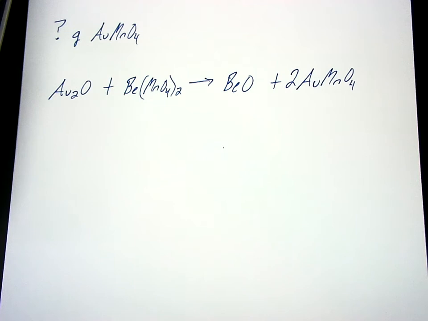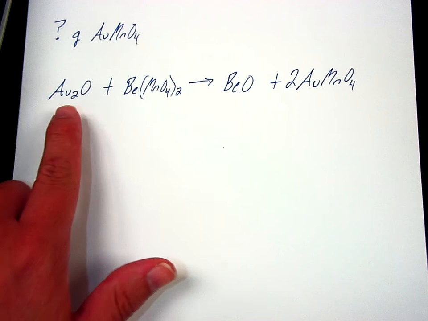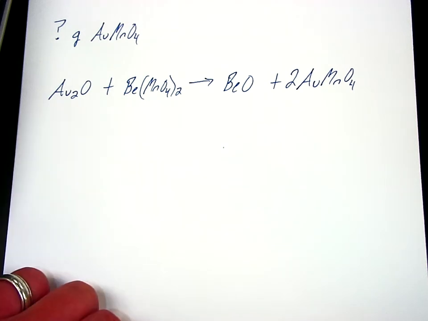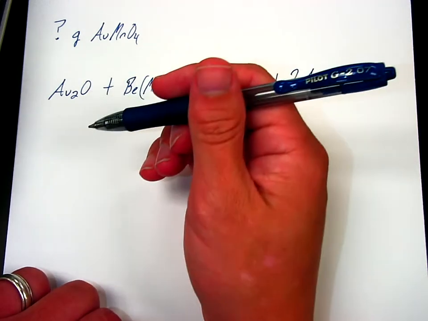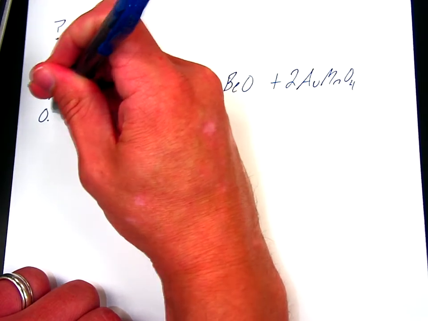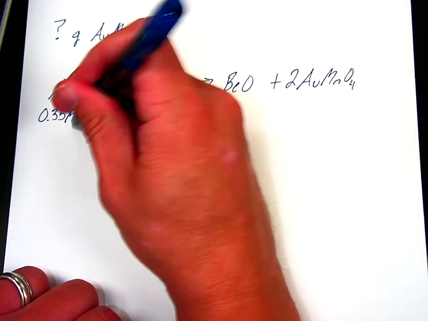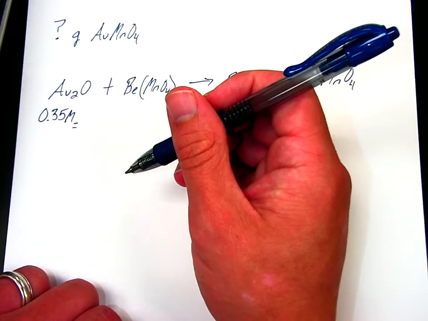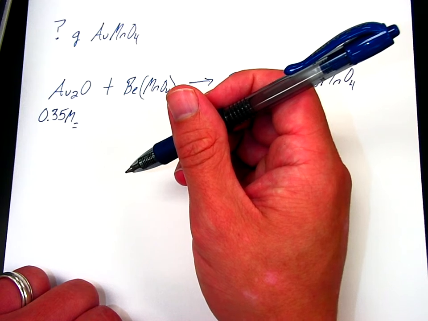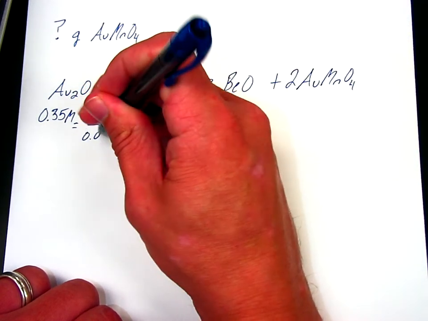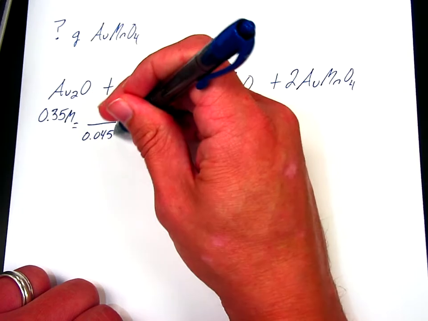So now let's take a look at the information that it gives us. It says that our gold 1 oxide here is going to have 0.35 molar, and I'm going to set that equal to the amount of it, which is 45 milliliters. So I'm going to put that over 0.045 liters.